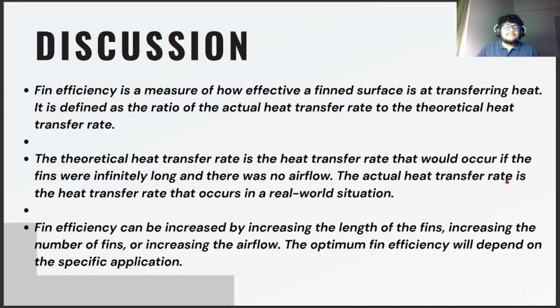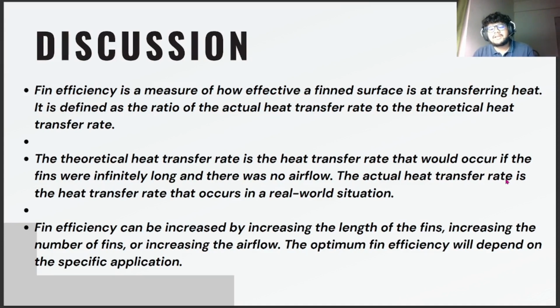The discussion for this assignment is fin efficiency, which is a measure of how effective a fin surface is at transferring heat. It is defined as the ratio of the actual heat transfer rate to the theoretical heat transfer rate. The theoretical heat transfer rate is the heat transfer rate that would occur if the fins were infinitely long and there was no airflow.